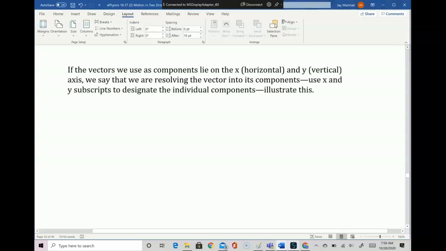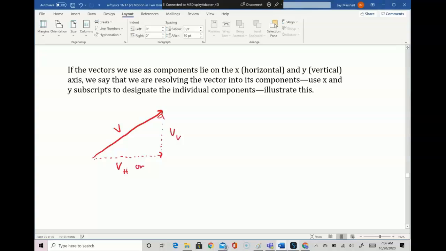Okay, if I have this vector, and let's say that this is a velocity vector, I want to break it into a horizontal component and a vertical component.